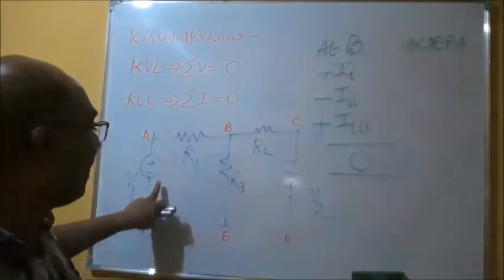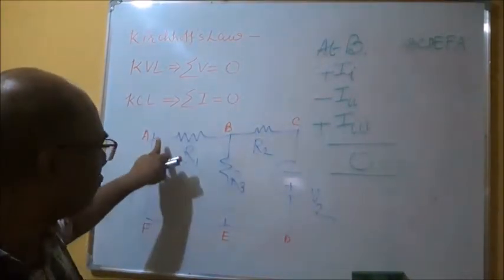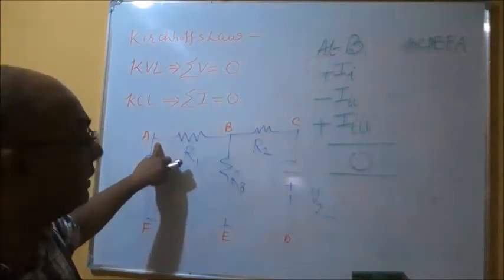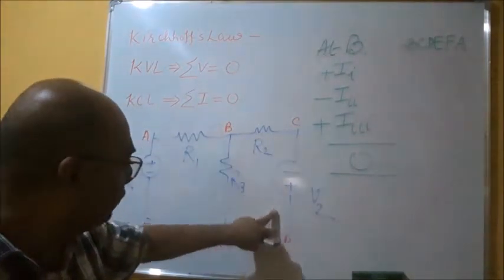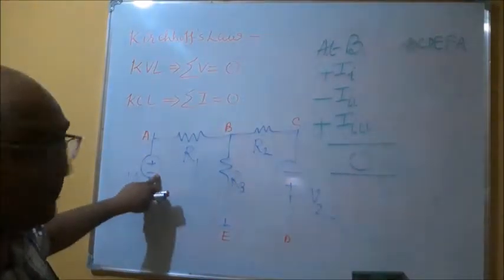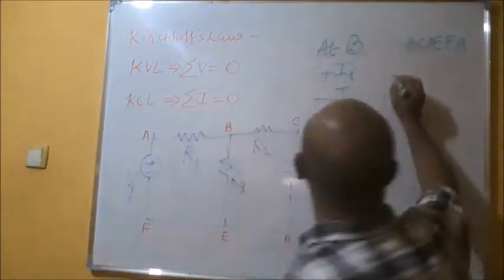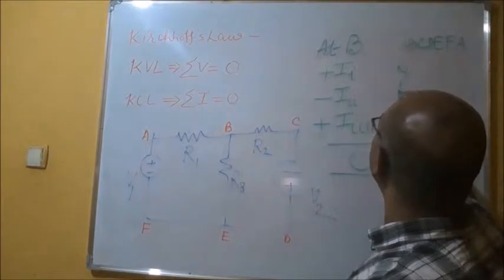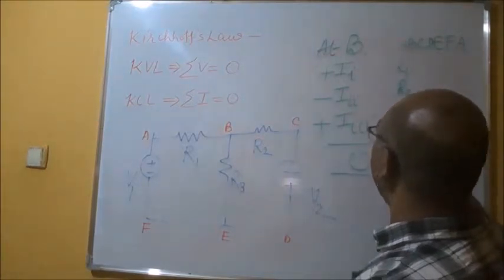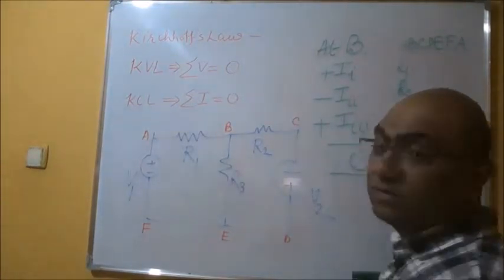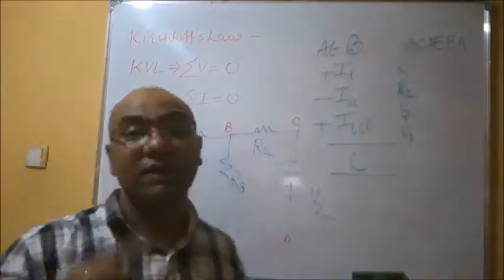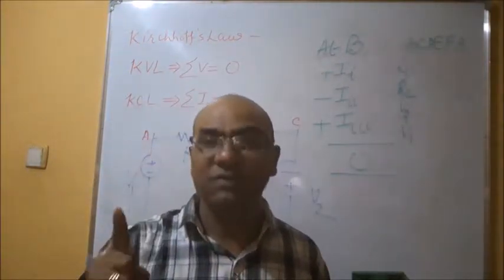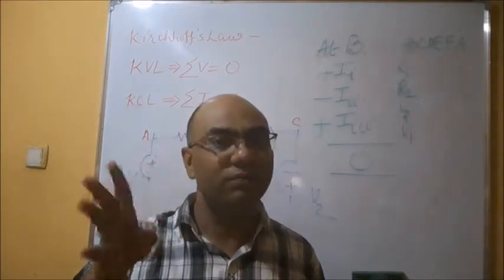So when we are talking about this closed path loop, sorry, we are starting from this point. The components are R1, R2, B2 and finally B1. Right? So in this closed path, we have four components: R1, R2, B1, B2.